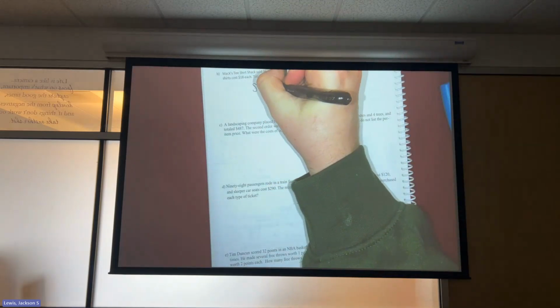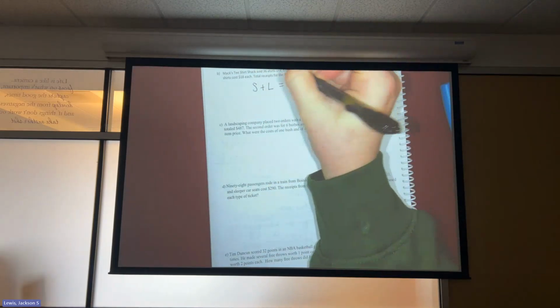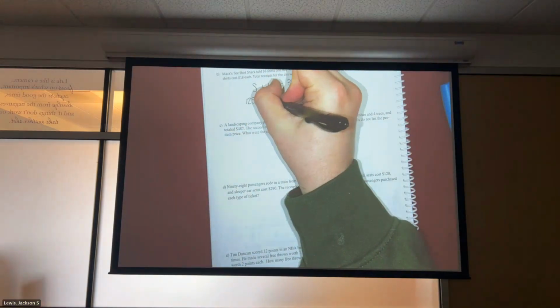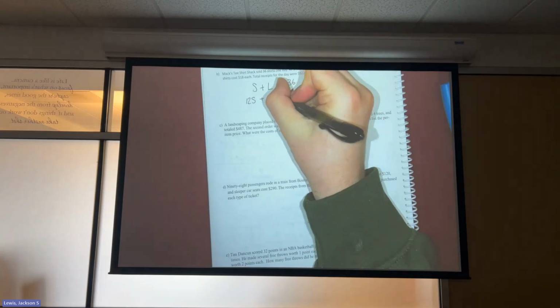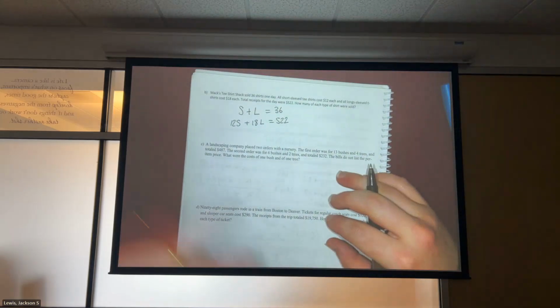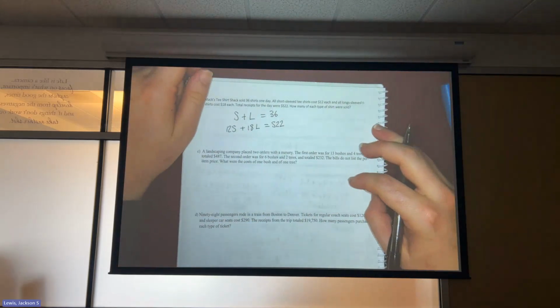They are short sleeve and long sleeve. So I know that the total amount of shirts sold is 36. If a short sleeve is $12, and a long sleeve is $18, my total value was 522. And now I can just solve these.